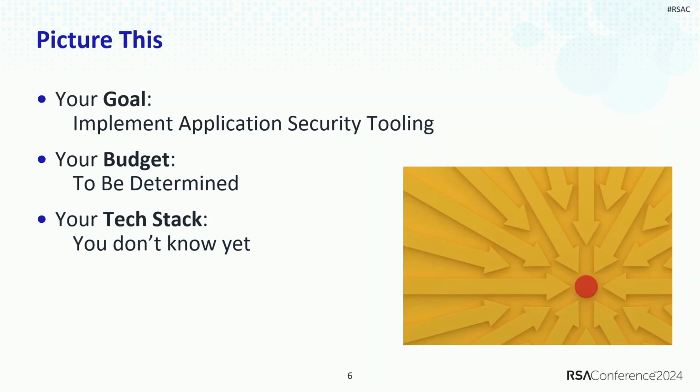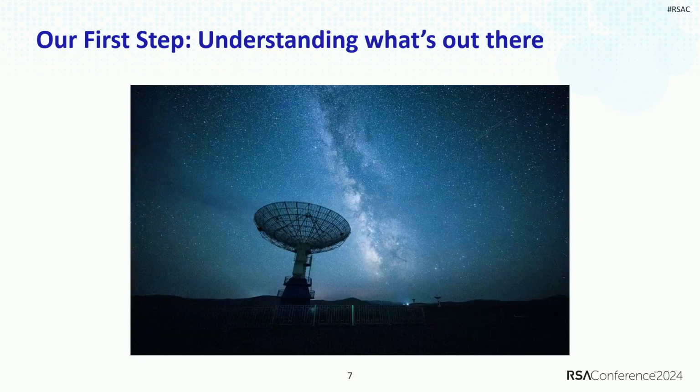Your goal is to implement application security tooling, whether that be open source or proprietary. Your budget, you still need to determine your needs to determine and request the budget. So this one is still a blank field. And for your tech stack, you don't necessarily know it yet because you need to figure it out.